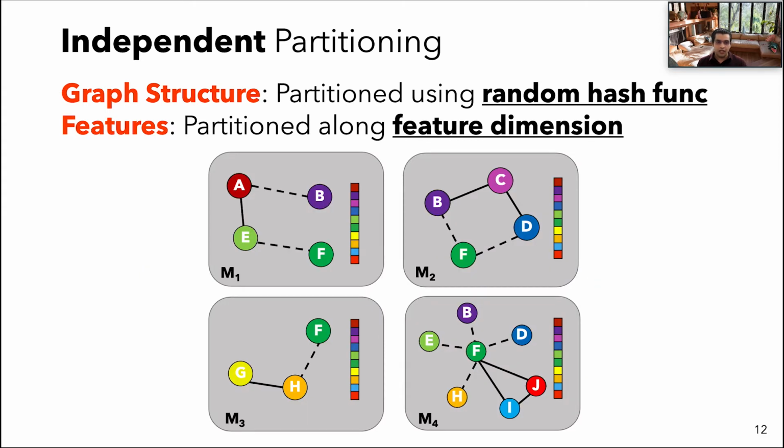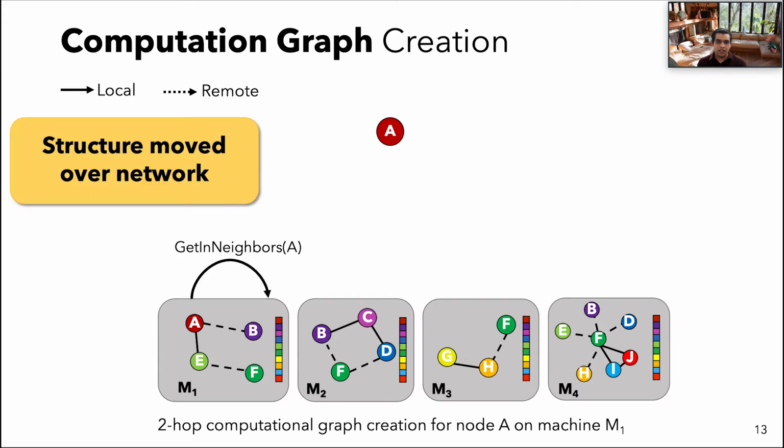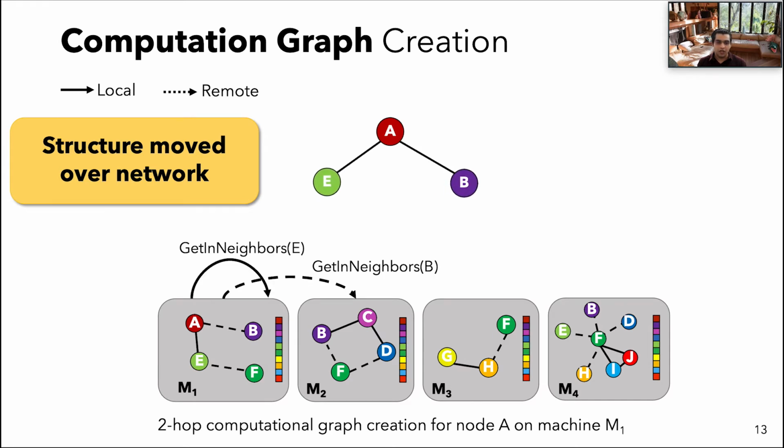Therefore, like existing GNN frameworks, each machine in P3 stores a disjoint subgraph. However, unlike existing frameworks, each machine only stores partial features, but for all nodes, irrespective of the subgraph it is assigned to. During generation of the computational graph, like existing GNN frameworks, P3 must communicate with one or more machines and pull neighborhood information over the network.